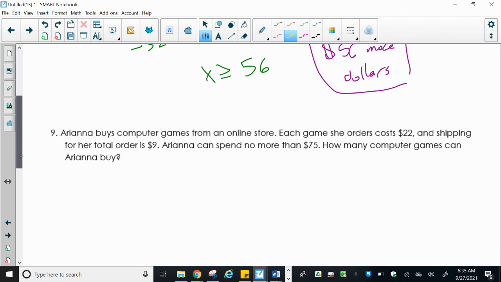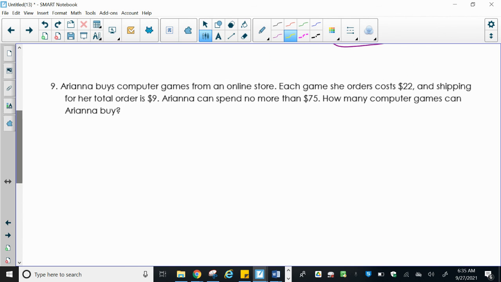Last one. Ariana buys computer games from an online store. Each game she orders costs $22 and shipping for a total order is $9. She can spend no more than $75. How many computer games can Ariana buy? So x is the number of computer games. Each game costs $22, so 22x plus shipping of $9.